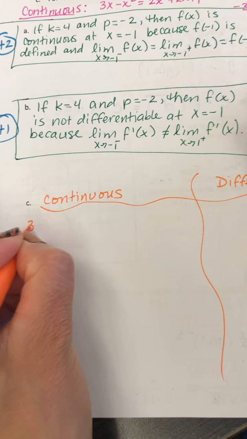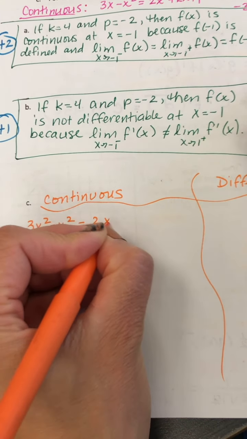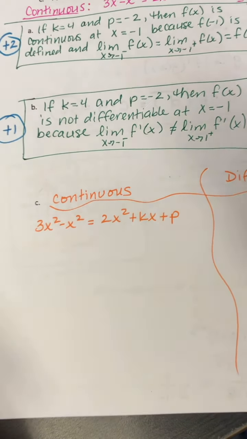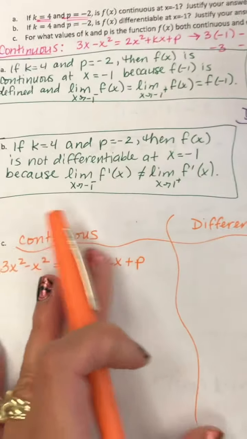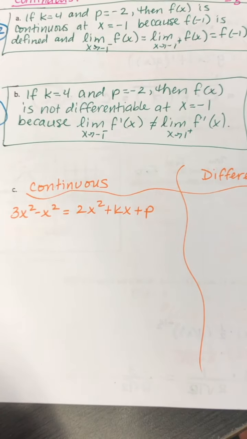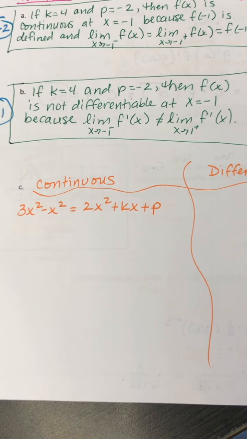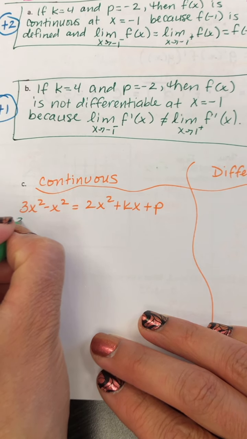So that's where we set the 3x minus x squared equal to 2x squared plus kx plus p. But this time, we'll plug in the negative 1 for x because that's the point they have in common, okay? But we're not going to plug in anything for k and for p yet because we're finding what they need to be to make them both continuous and differentiable, okay?